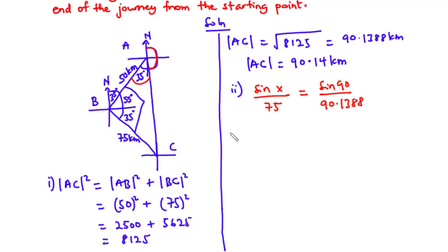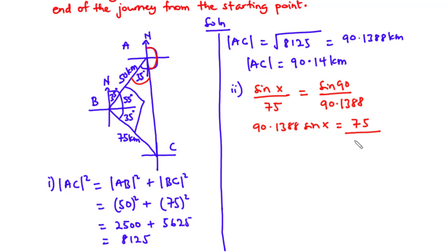So we can cross multiply here, and then we have 90.1388 sine X equals, but sine 90 is 1, so we have 75 times 1, which is still 75.